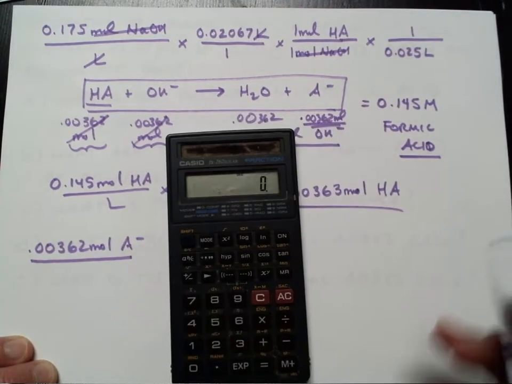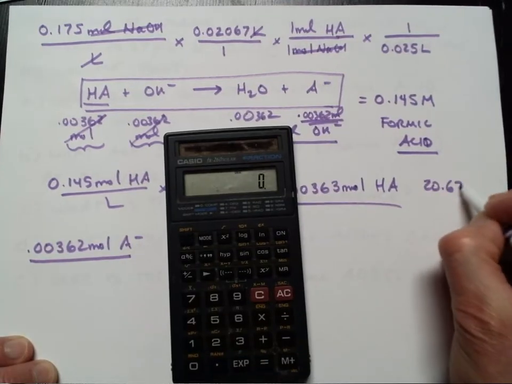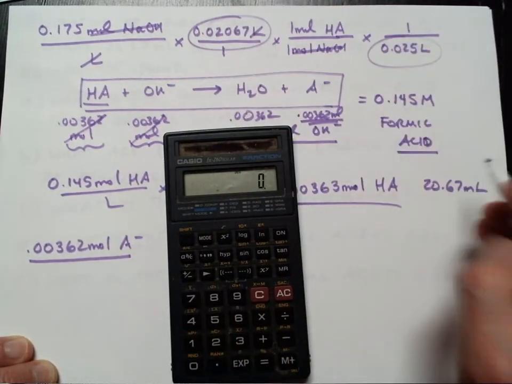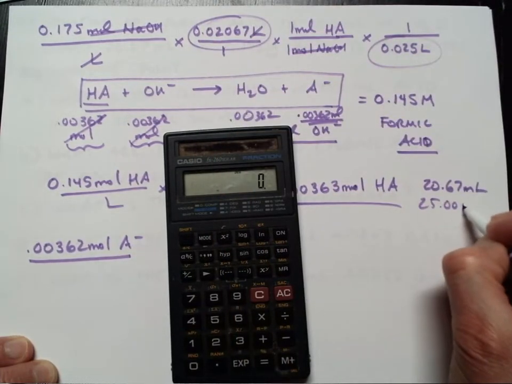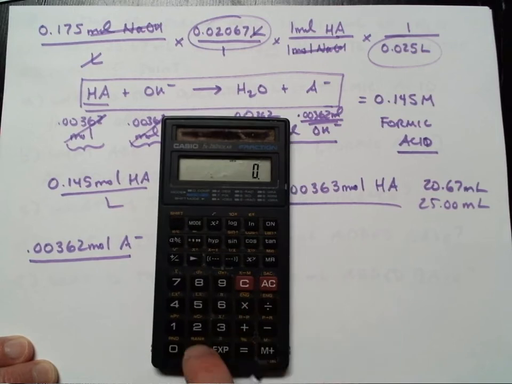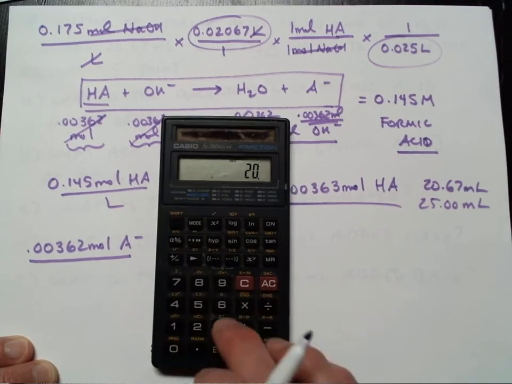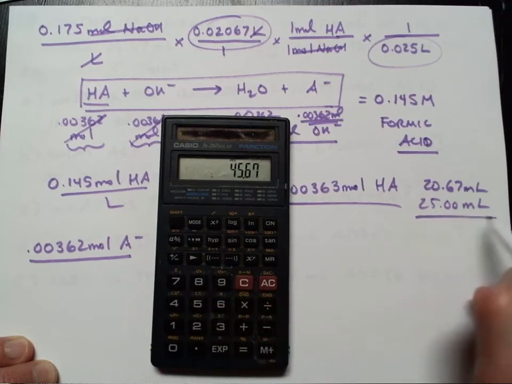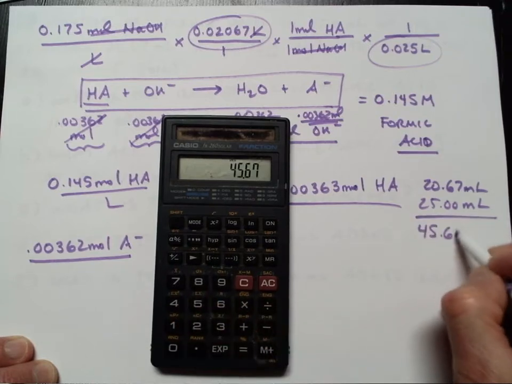Well, let's see. We had 20.67 mils of the base that we added to 25 mils of the acid to begin with. 20.67 plus 25 is going to be a total of 45.67 milliliters.